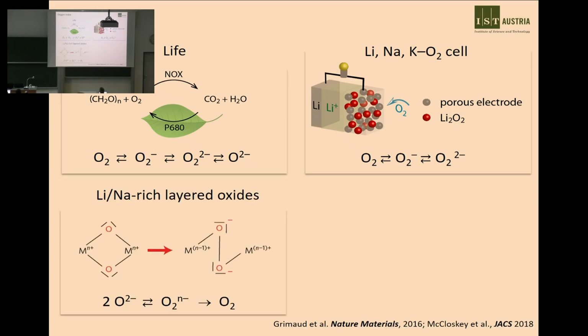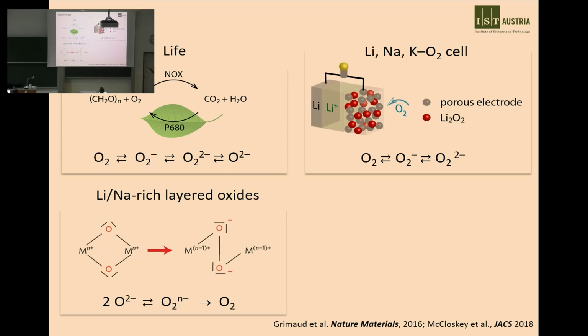But there's another big topic in battery research regarding oxygen redox chemistry: so-called lithium- or sodium-rich layered oxides. In a current lithium-ion cathode, you just take the redox activity of the transition metal, and the oxygen always remains in the oxide state.